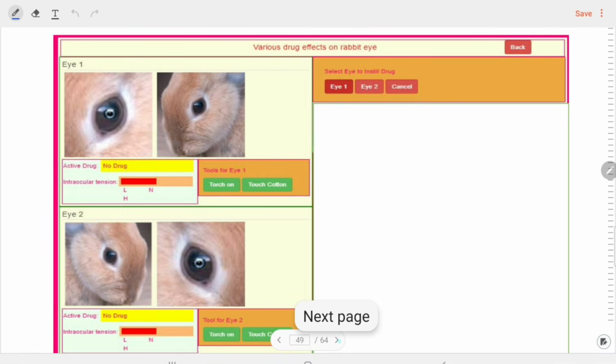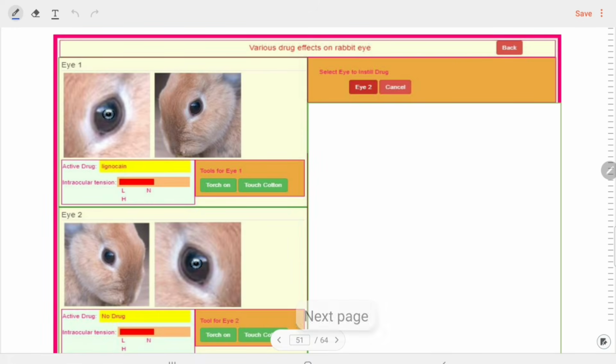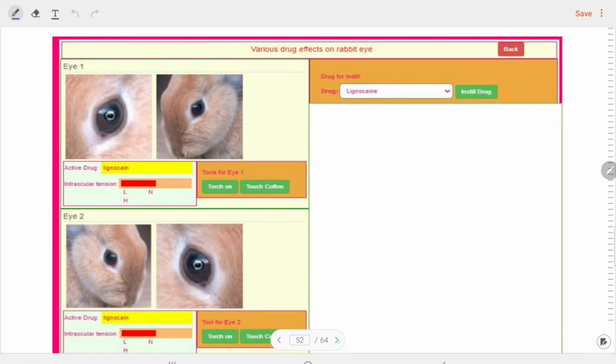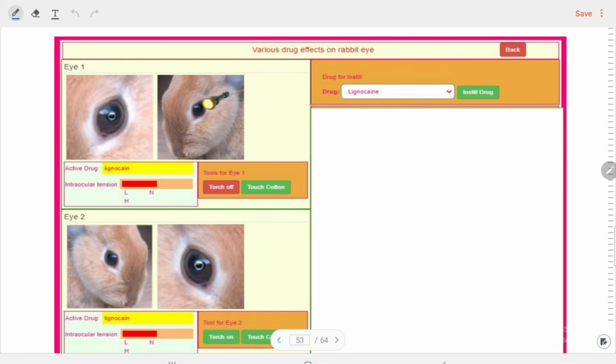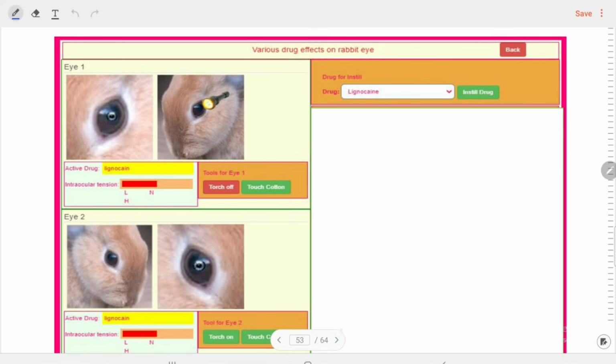Let's take one by one. If we put the lignocaine, here we can see no effect on the pupil, no effect on the intraocular tension. In eye 2 also no effect, but light reflex is present because the M3 receptors are still activated through the light. So it will cause meiosis.